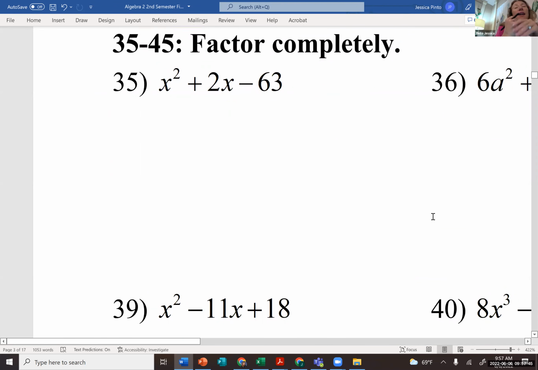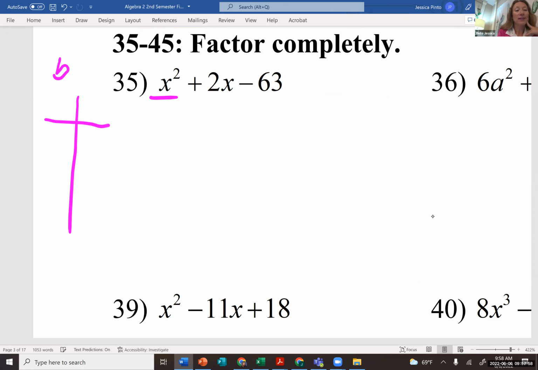35 is a fast factoring example. Because it's x squared, I hope that we can factor this in just 2 steps. So I make my t-chart, I put b here and c here, right? AC is just 1 times c, so it's negative 63 and positive 2. I want numbers that will multiply to 63 and add to 2.